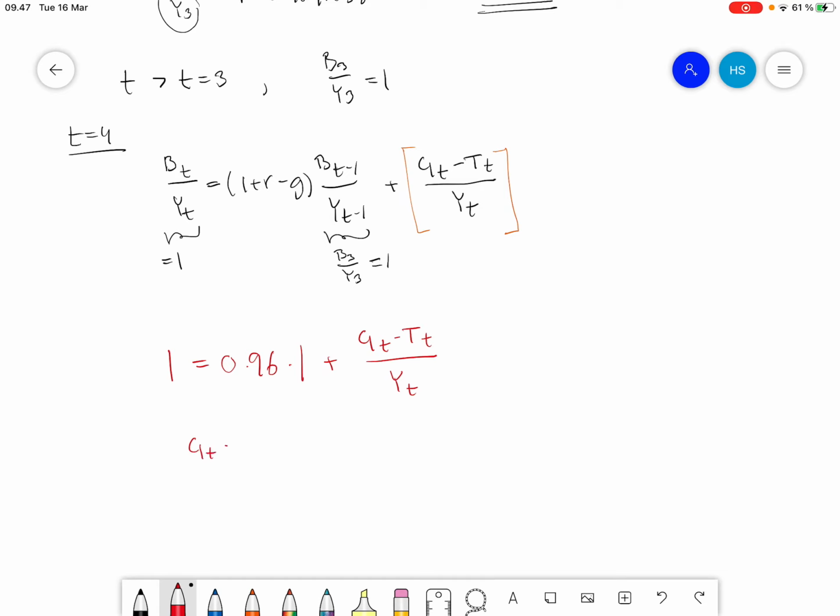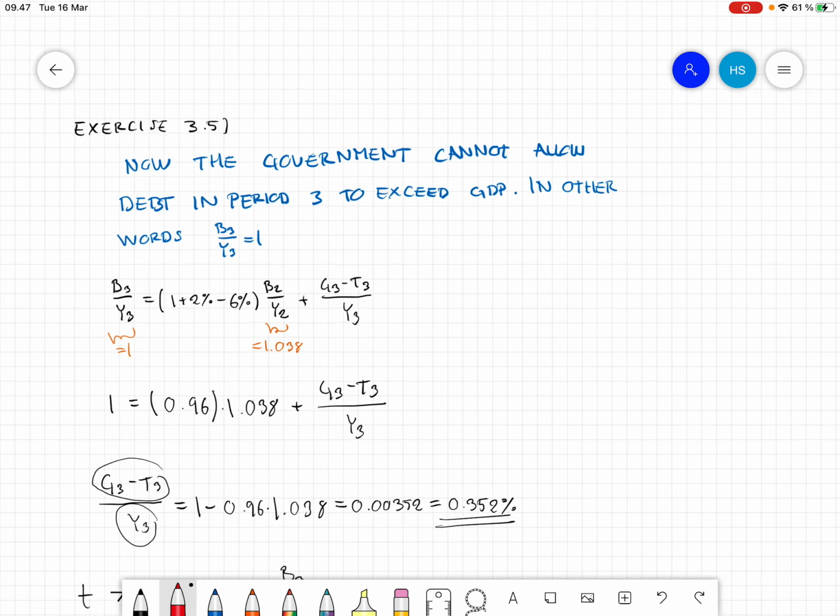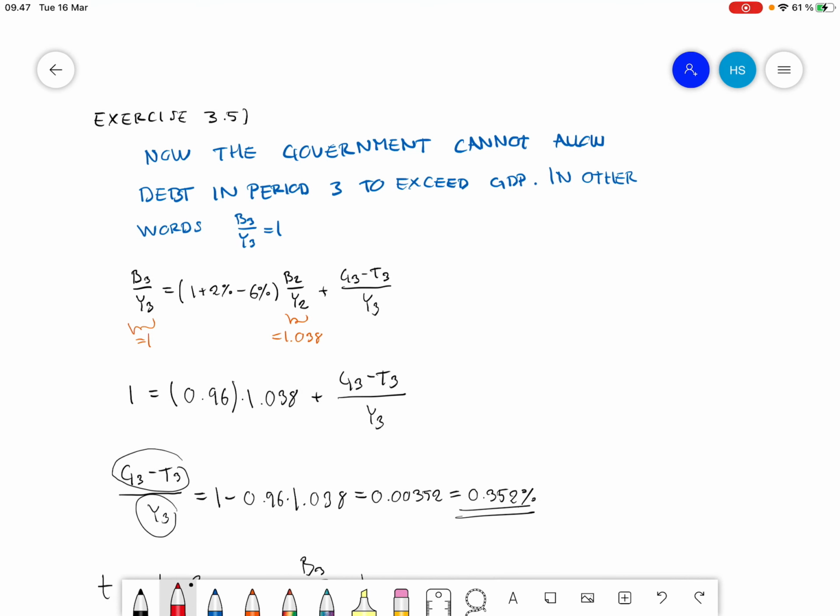And we get that the primary deficit relative to GDP in period T is equal to 0.04, which is equal to 4%. So if the primary deficit is equal to 4% in all periods afterwards, we will maintain the debt to GDP ratio that was implemented in year 3. That is the ratio in which the government did not allow debt to exceed GDP.